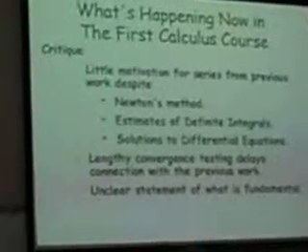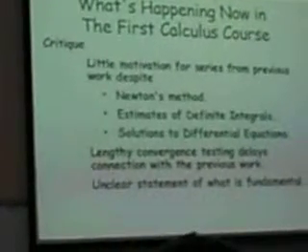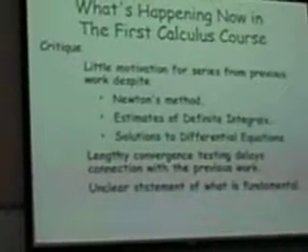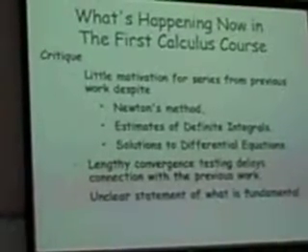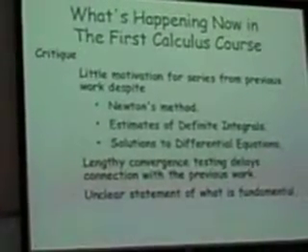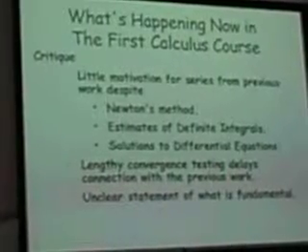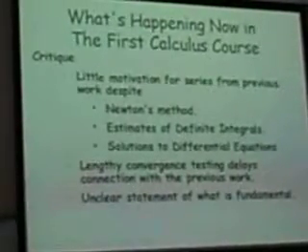And you don't use anything about solving differential equations in that series. So you do this lengthy testing of convergence, and that just delays the connection to the previous course, which is Taylor's theory. And at the end of the course, if that's where you finish, you have a pretty muddy statement about what's really fundamental about this calculus.